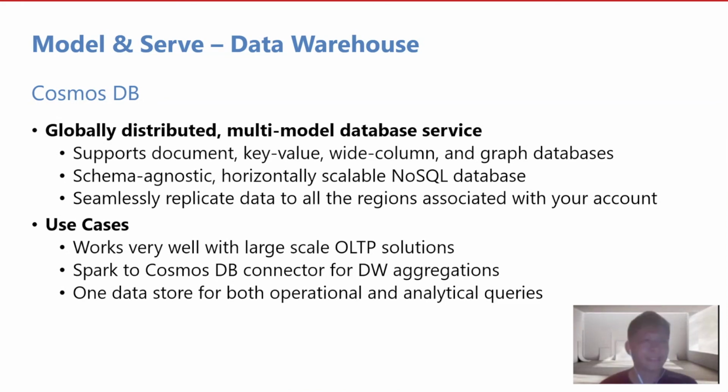I would say Cosmos DB by itself is not very good for large scale analytical queries. You can use it for storage, and it works very well for that purpose. But once you want to do data warehouse aggregations, you may consider connecting it to Spark for the analysis.